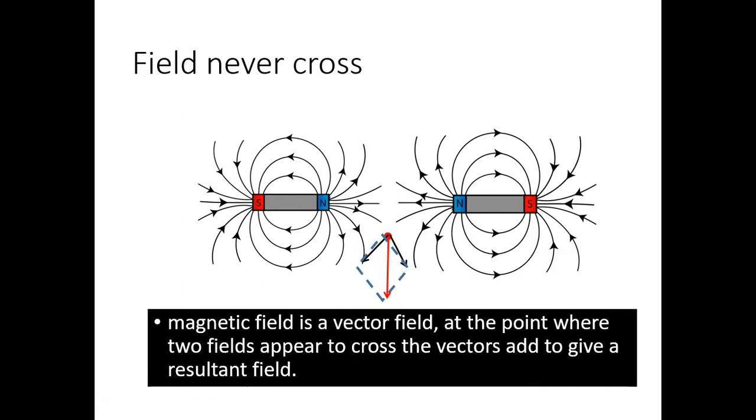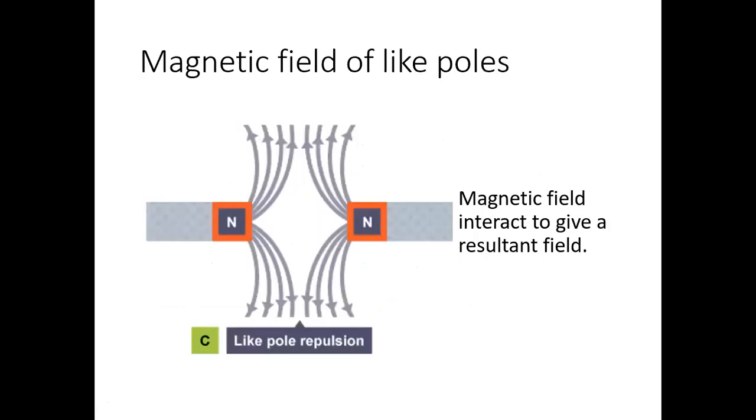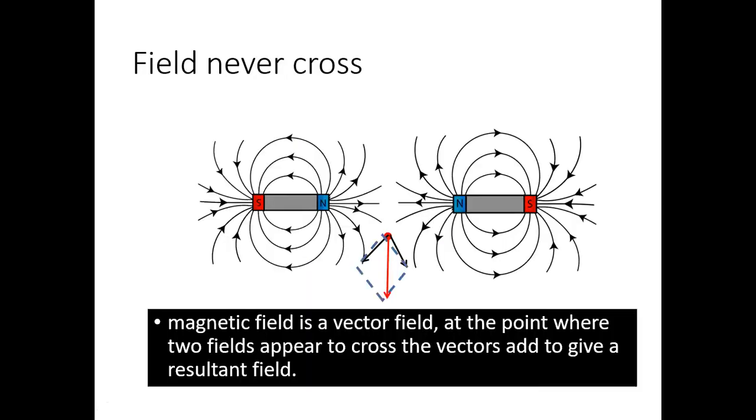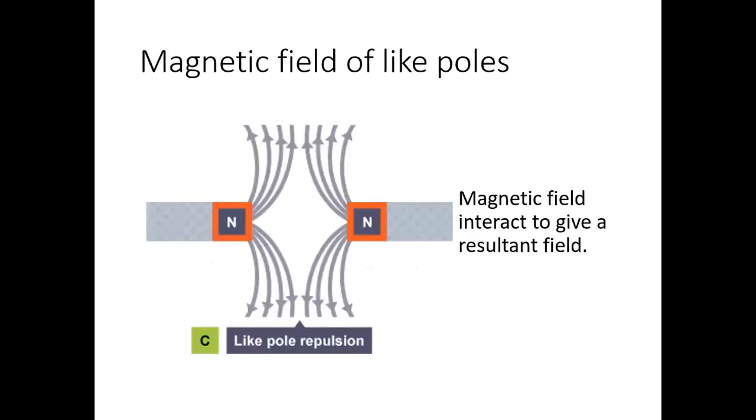At the point where the two fields appear to cross, the vectors act to give a resultant field. That's why they never cross. So that's why we draw it this way. Okay?